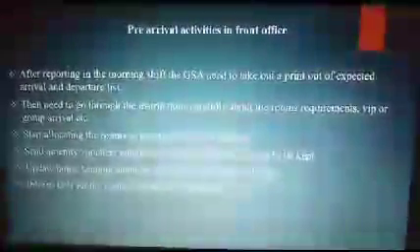Or if there is a VIP, we need to check that the VIP needs special treatment. As you all know, VIP means very important person. So we need to know which room category has been booked for the VIP guest, and accordingly we need to allot the room to the guest.